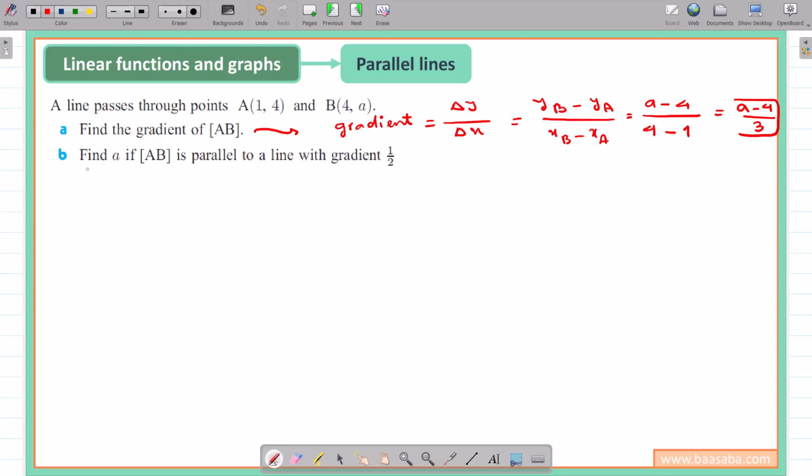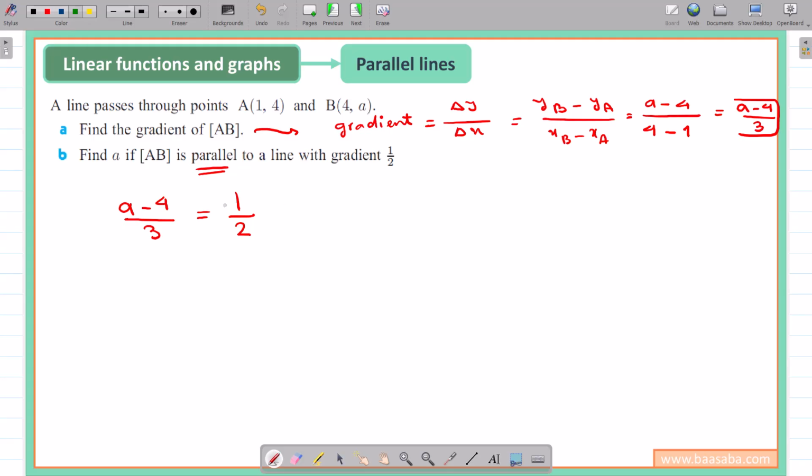Part B says find a if AB is parallel to a line with gradient 1 over 2. If the two lines are parallel, it means the gradient of AB is the same as 1 over 2. This was the gradient of AB, and this is the gradient of a line that is parallel to AB, so the gradients should be the same.